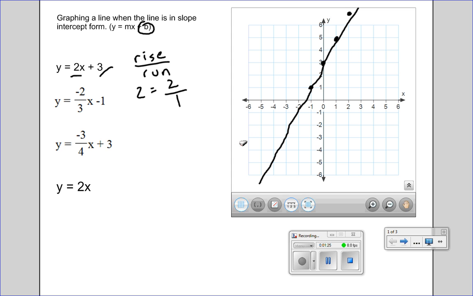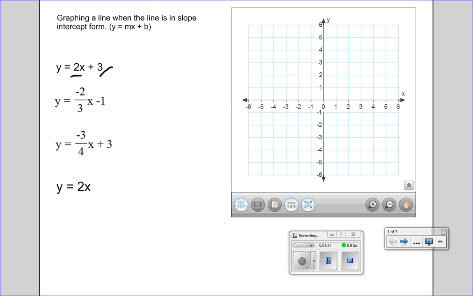Next, let's look at the equation y equals negative 2/3 x minus 1. We start by looking for our b, our y-intercept, which in this case is negative 1. So I put a point at negative 1. And then I look at my slope, which is negative 2 over 3. So instead of going up 2, I have to go down 2 because of this negative sign.